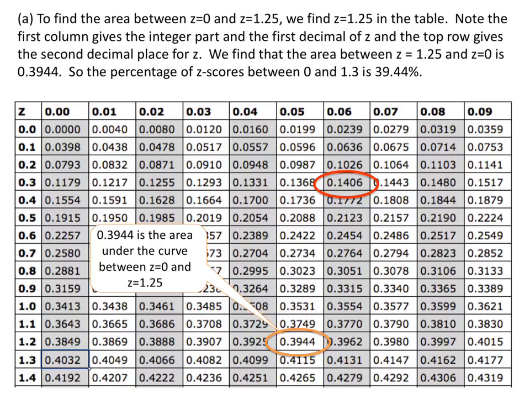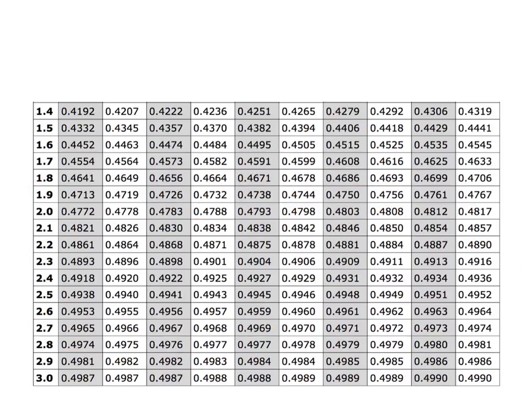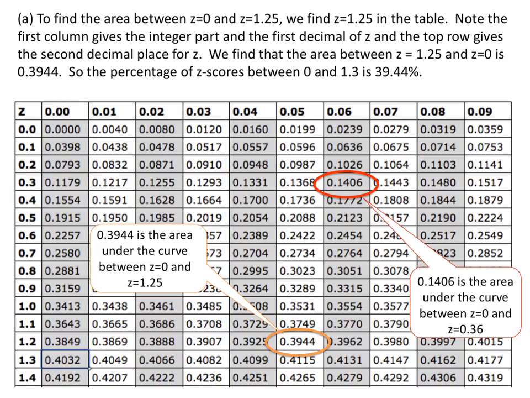This is the area between 0 and a z-score of 0.36.